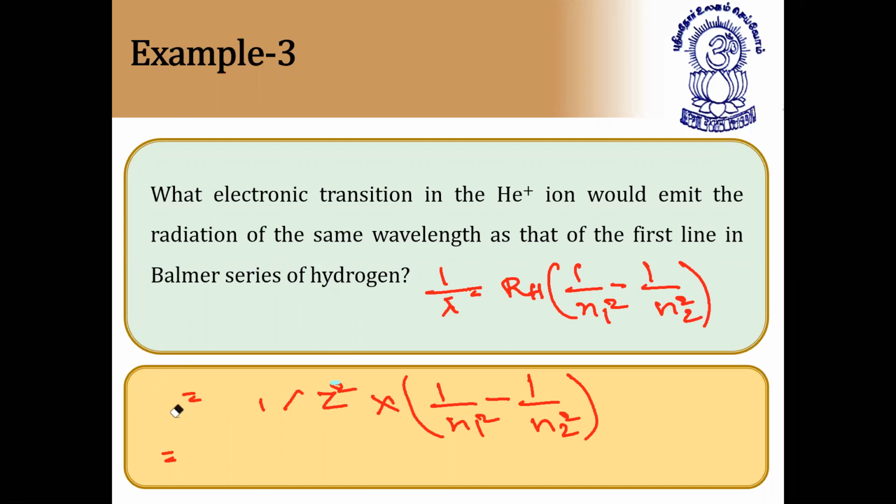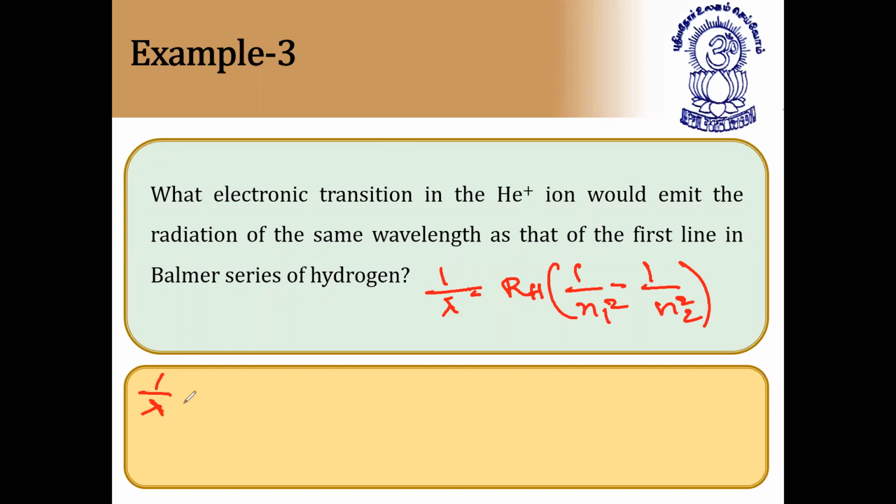So in the first case I'm finding the lambda, and we have to see for which n values the same thing will come for helium also. So first we'll calculate 1 by lambda is equal to RH, that is Rydberg's constant, into 1 by 2 square, because for Balmer series the first line is 2, minus 1 by 3 square.